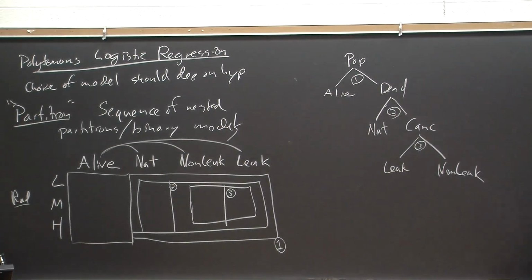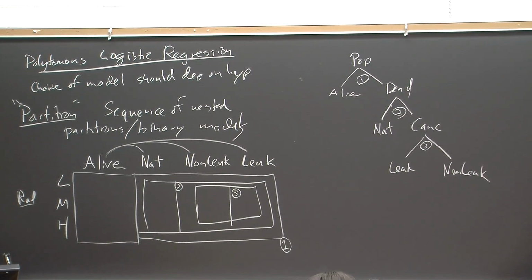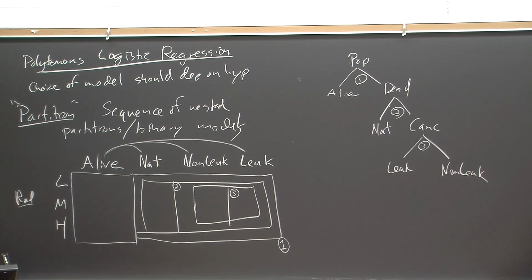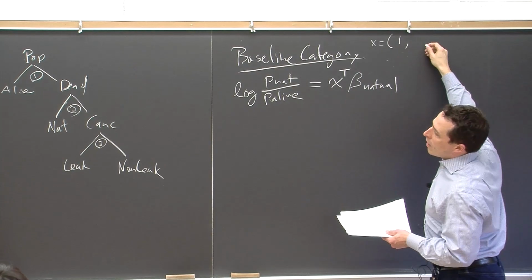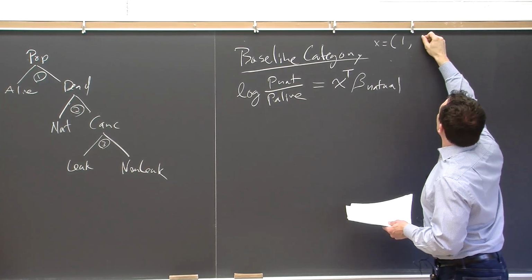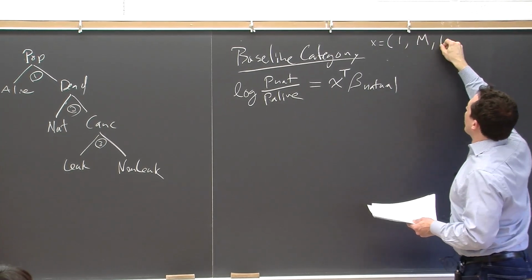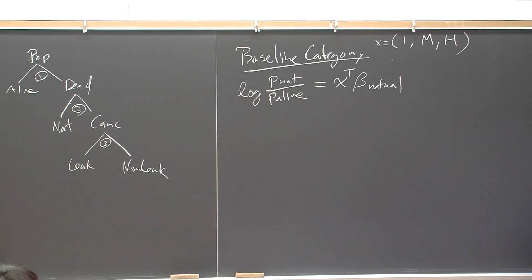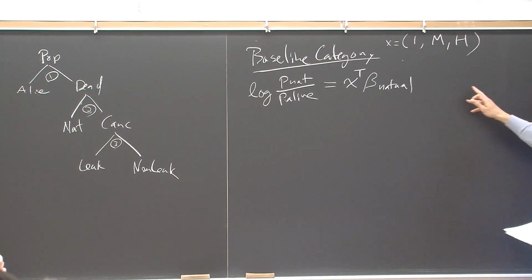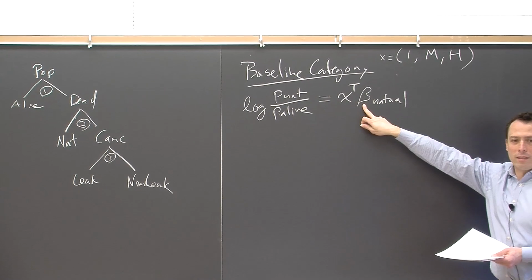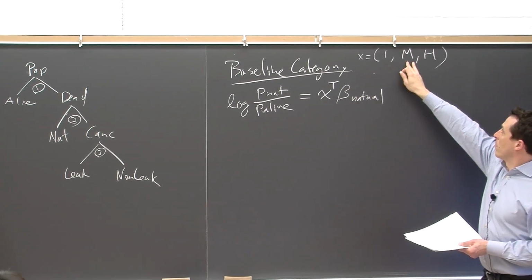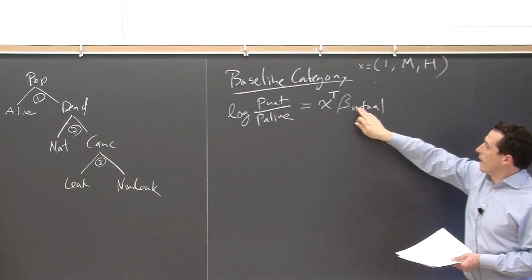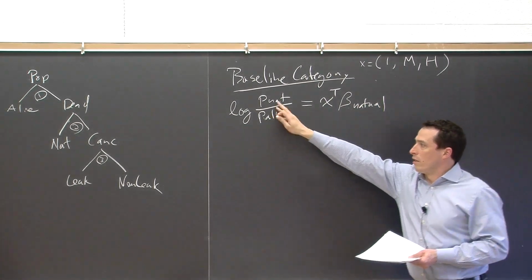So X is a random vector: 1, something for medium, and something for high. So I have 2 dummy variables and an intercept. So the beta has 3 coefficients: an intercept, something for medium, something for high, and there's a beta for each of these.